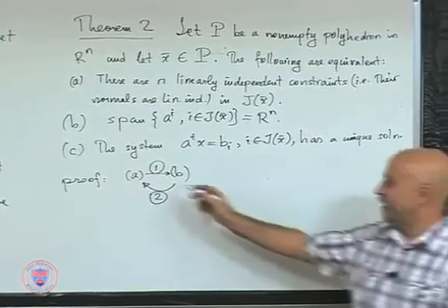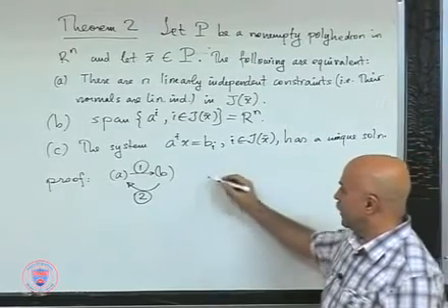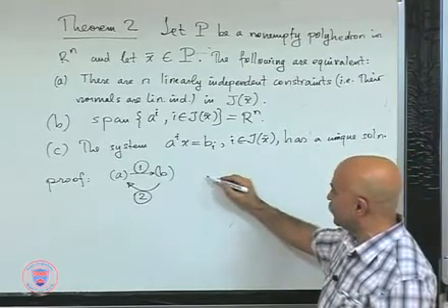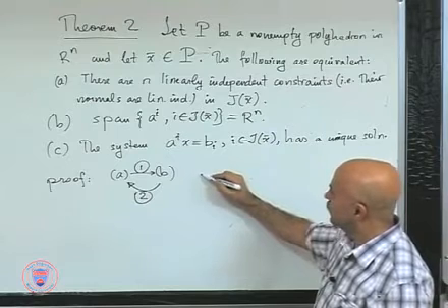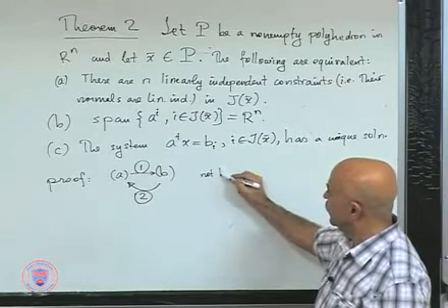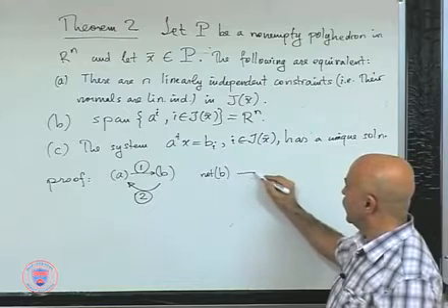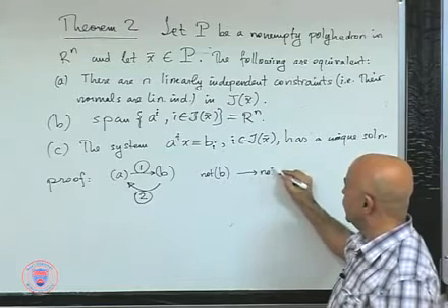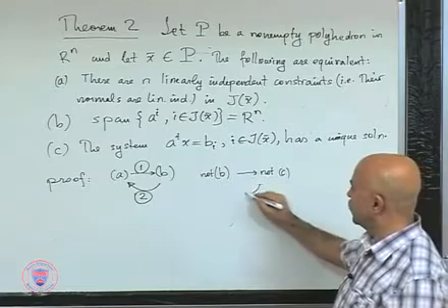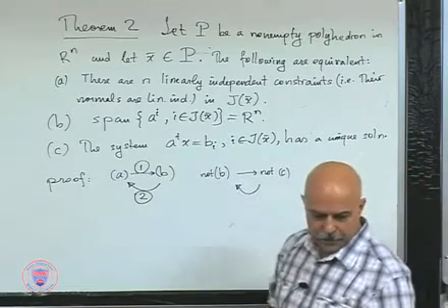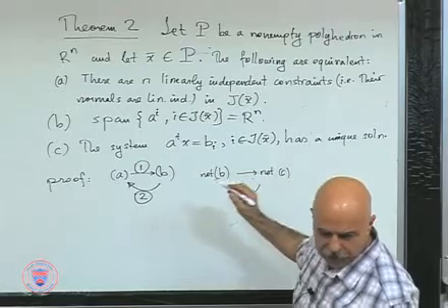All right, so A implies B, B implies A. And then I'm going to also prove not B, the negation of B, implies not C, and vice versa. Let me call this number 3.